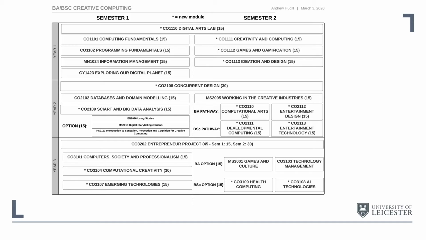So at that point, you may go off on the year with industry or the year abroad. In your third year of the degree, your spine module is called Entrepreneur Project. And as the title suggests, what this is about is you developing yourself as an entrepreneur. So you'll either work individually or in a group to create a product and to take it to market.